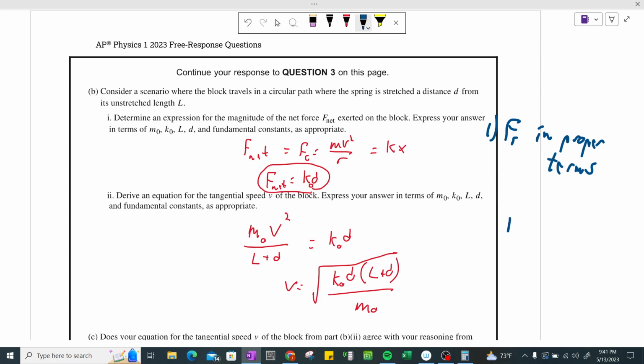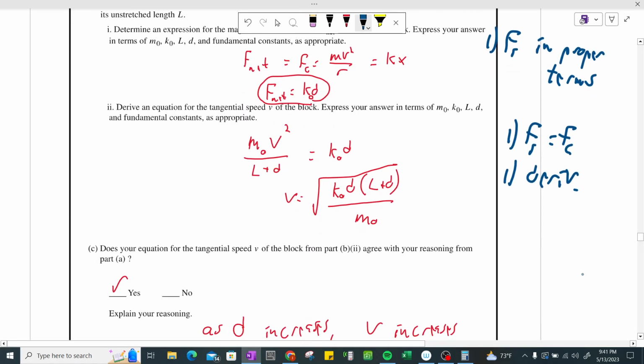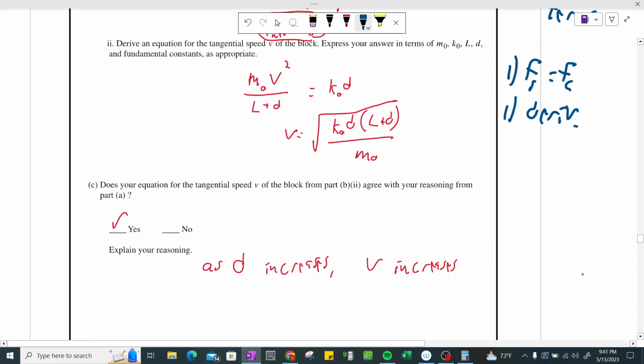And then this one, I'm guessing we're going to say 1 for F spring equals FC, and 1 for the derivation of V.